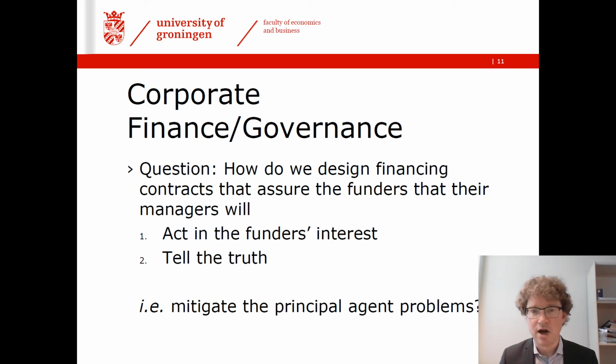How should we design those contracts such that these funders are assured that the managers will, on the one hand, act in the interest of the funders, their interests are aligned, and secondly, that they actually tell the truth about the conditions of this firm and of the different investments that they plan? So in other words, how do you design a contract that mitigates these principal agent problems?